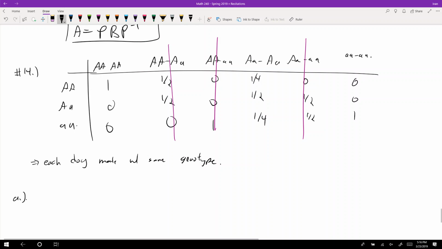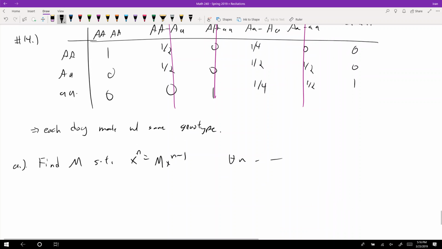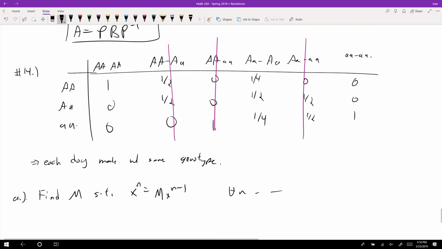So what is part A? Part A is to find M such that x_n is equal to M x_(n-1) for every n. Once you apply the restriction, your M is just reading off the columns that are left.